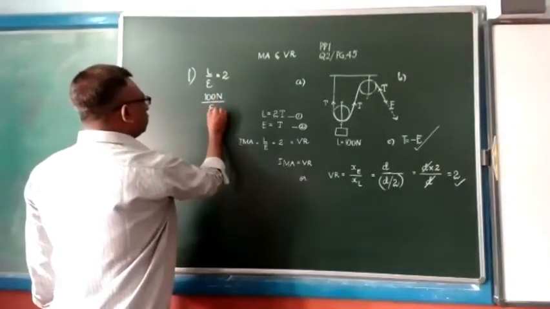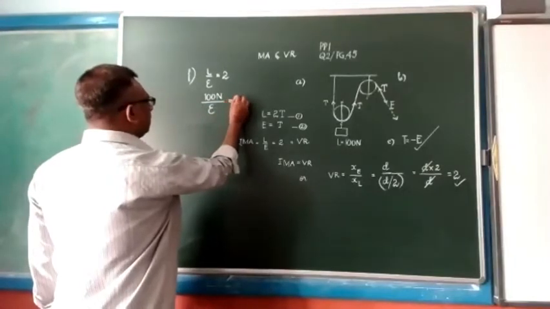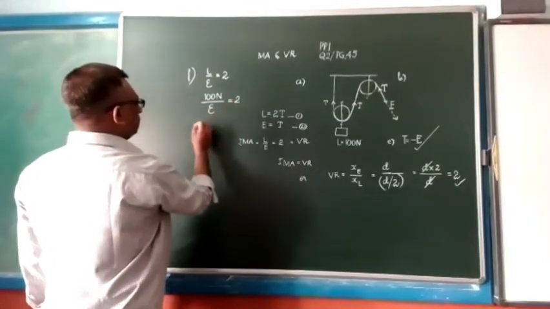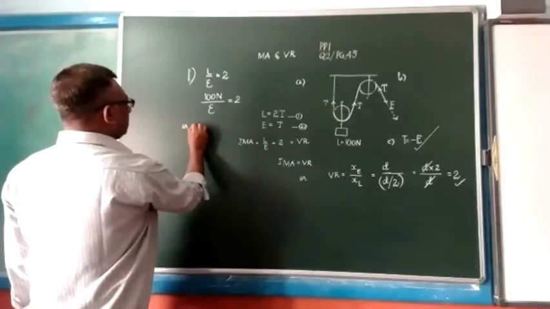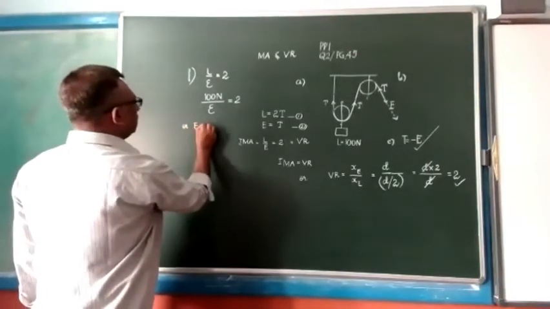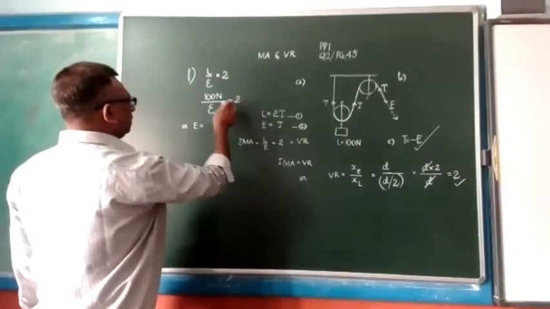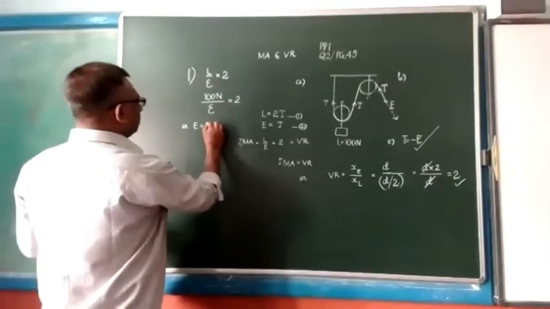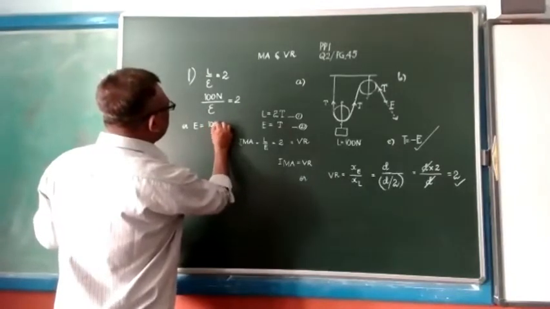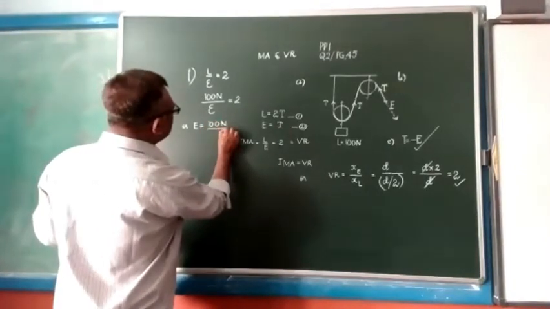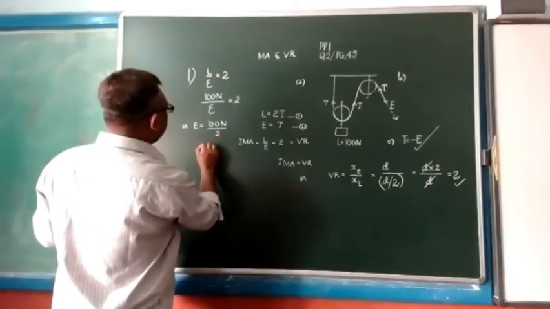E is not given, which means effort applied. L upon E is 2, so effort equals load divided by 2; it can be replaced by each other. So 100 Newton divided by 2. So it is 50 Newton.